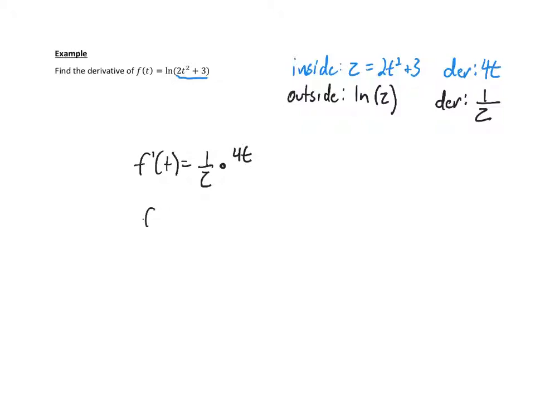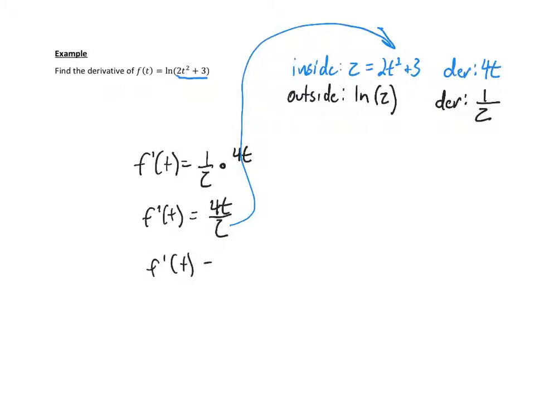If I multiplied those things together, I'd get f prime of t equals 4t over z. So the last thing to do, whatever z is, we want to plug that back in. F prime of t equals 4t over 2t squared plus 3.